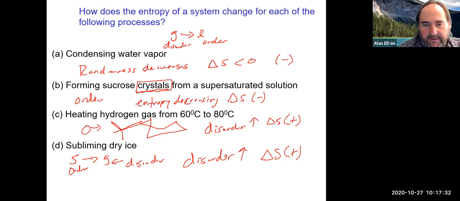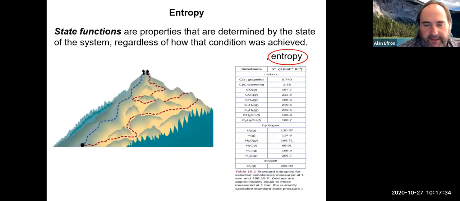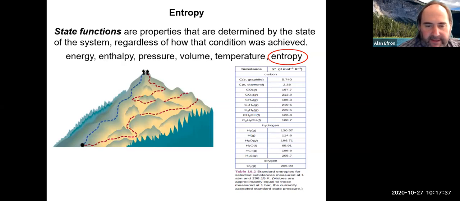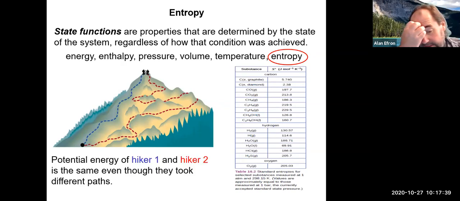Okay, so entropy is a state function, and just a reminder of what state functions are. You probably talked about them in Chem 50, but state functions are properties that are determined by basically two things: where you started and where you ended.